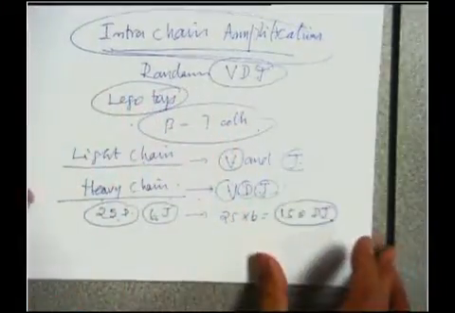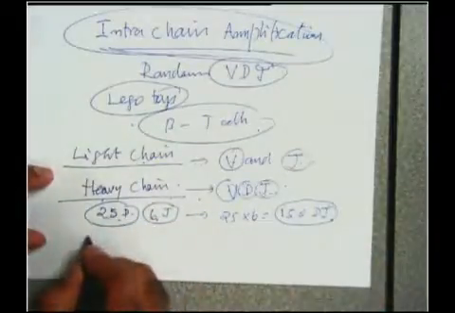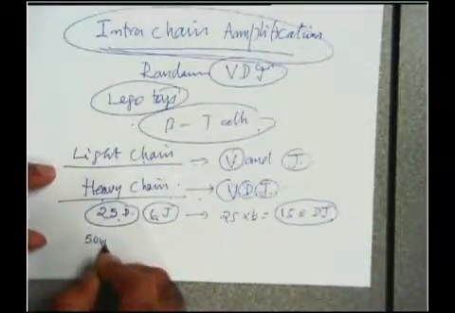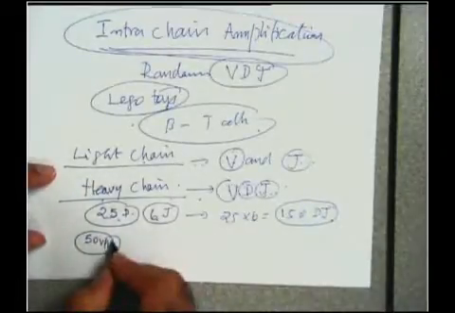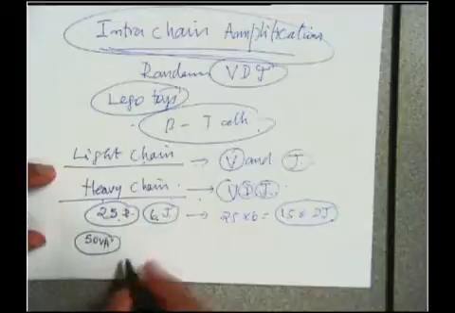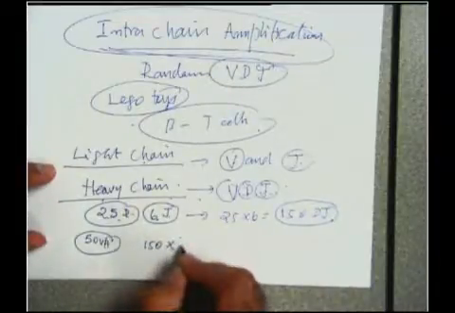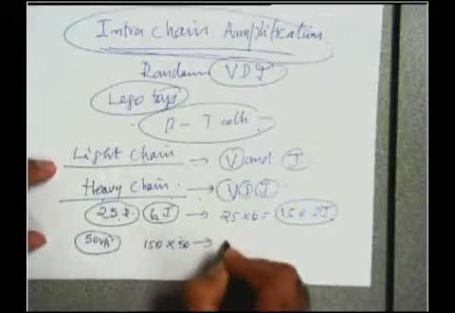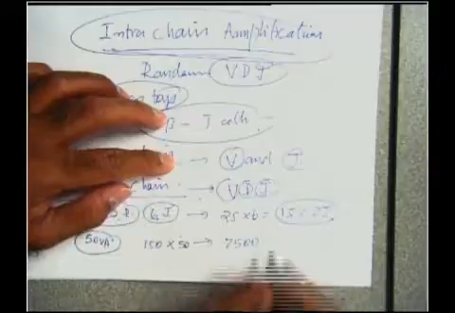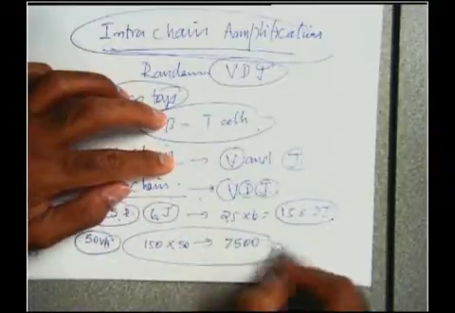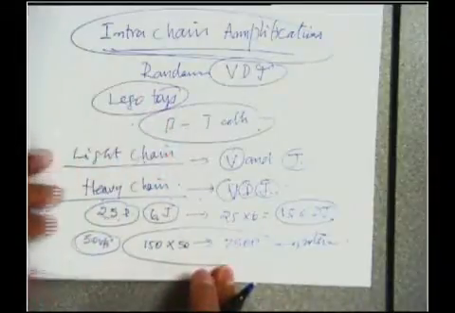Good. And now there are 50 VH segments. So how many VH, D, and J together will form? The calculation is 150 times 50, which will give you 7,500 proteins or segments, the net.